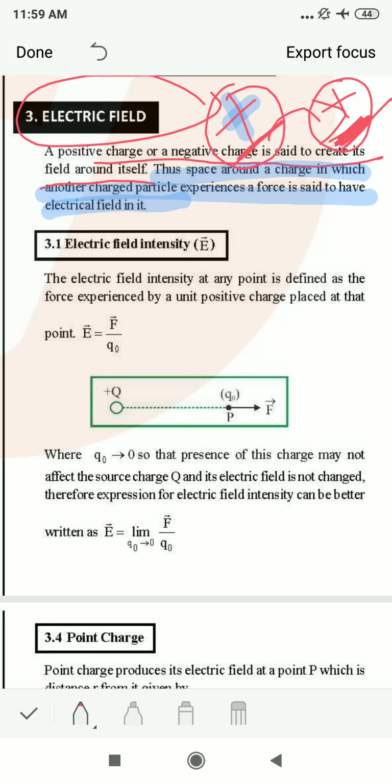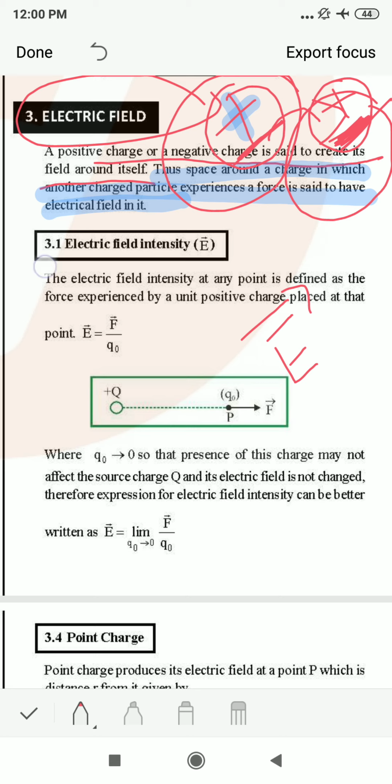We can say that both the positive charges have a field around itself, and that field is known as electric field. So electric field can be defined as the space around a charge in which another charged particle experiences force. Electric field is represented by capital E and it is a vector quantity.